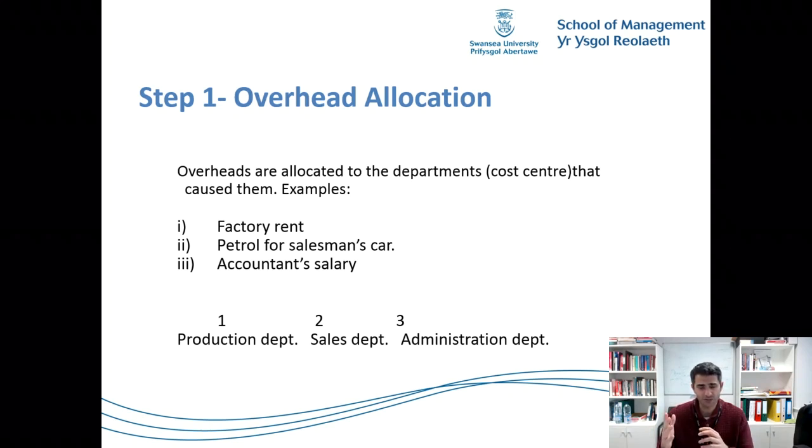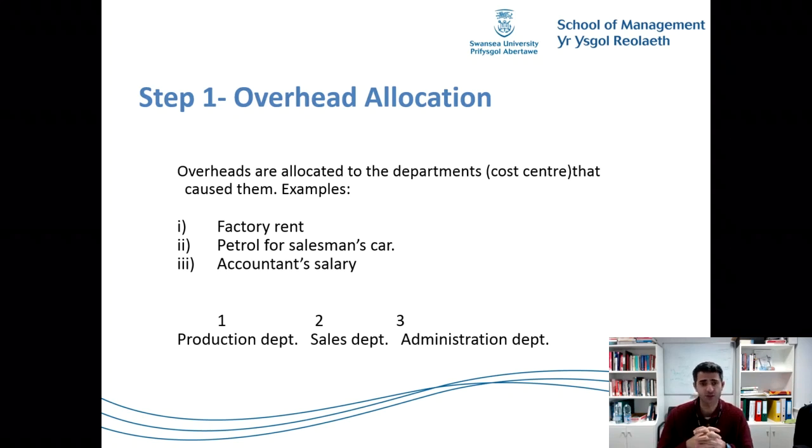The production department, where they manufacture the products, the sales department, or the administration department? Just use your common sense. You will say, of course, the factory rent is caused by the production department because we pay rent for the factory because we are producing there. Perfect. So you match the factory rent with the production department.